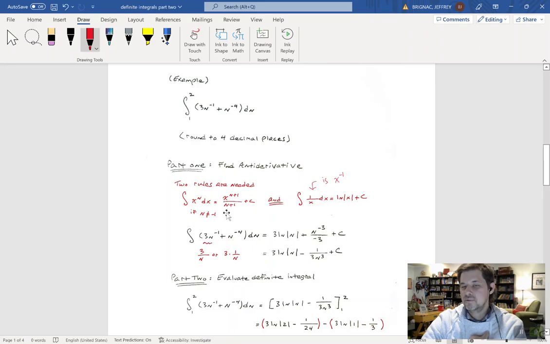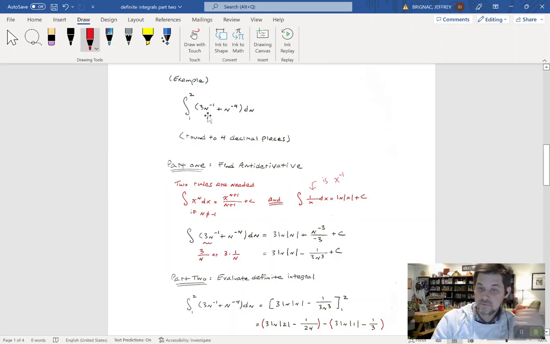Do you see why this one's no good if the power is negative 1? What if that power n was negative 1? Well, if I tried to use this rule and I added 1 to that, I'd get 0 and 0, and I'd get some meaningless expression that had a division by 0 in it. Okay, now, so this rule will accommodate that part of it, and this rule will accommodate this part of it.